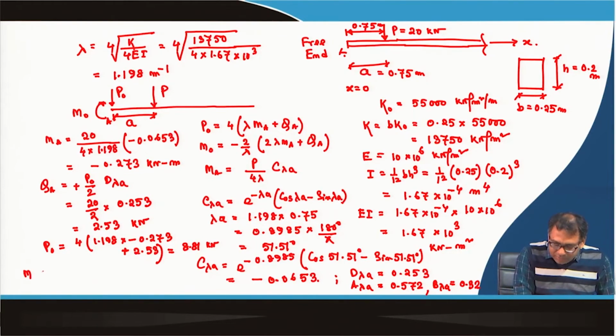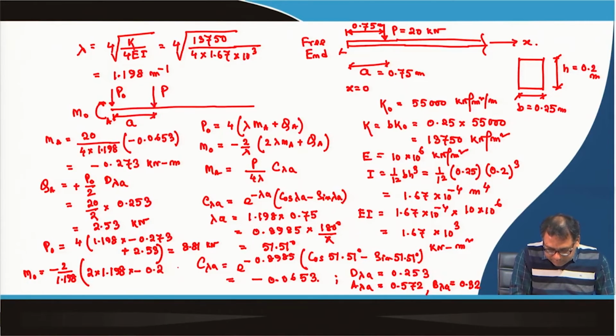Similarly, M 0 is minus 2 by lambda, where lambda is 1.198, then 2 into lambda 1.198 into M A minus 0.273, then Q A is plus 2.53.